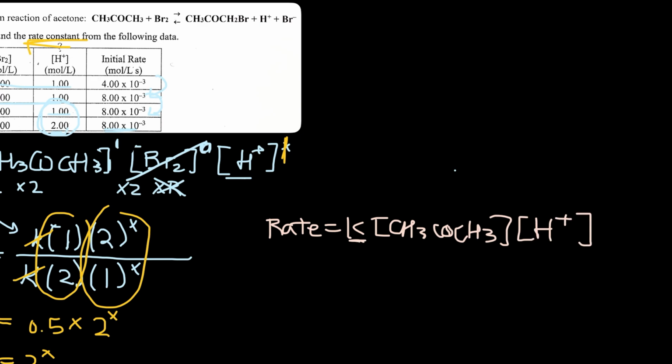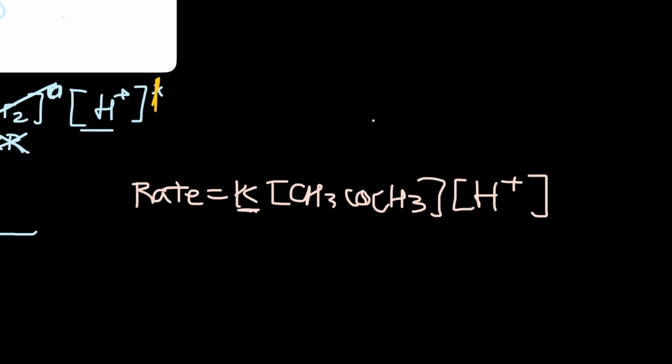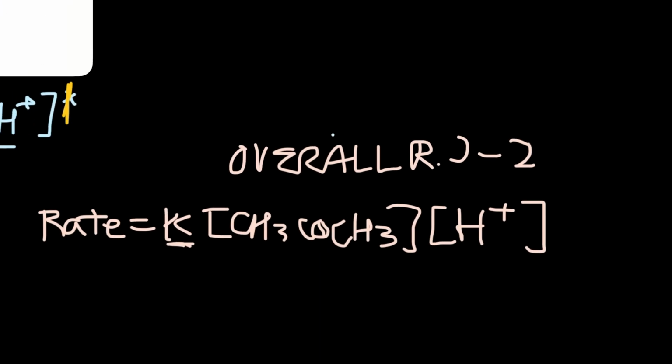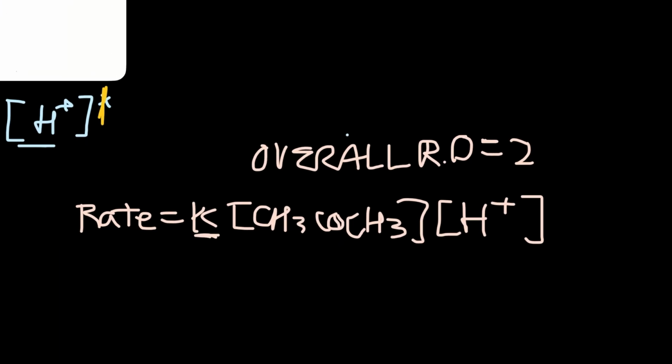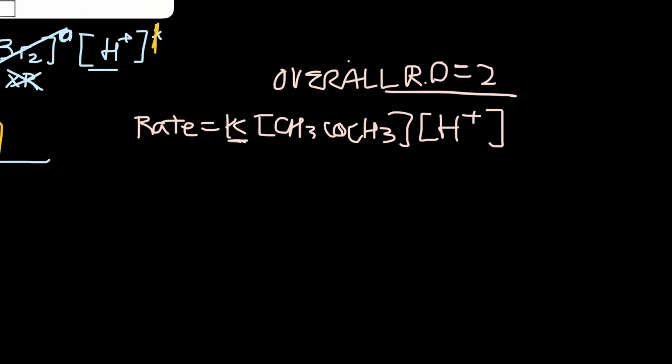So we're going to find K. Now, here we have an overall reaction order of 2. That means when you get your units for K, it will be something that corresponds with an overall reaction order of 2. Even though both of these are individual reaction orders of 1, the K is going to have the units for the overall reaction order.